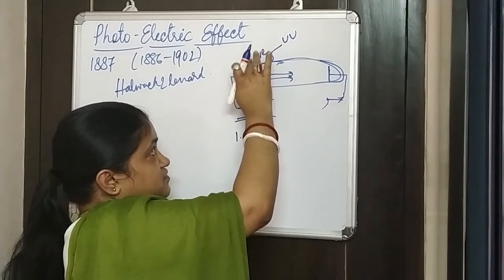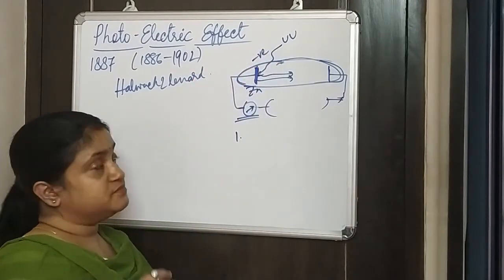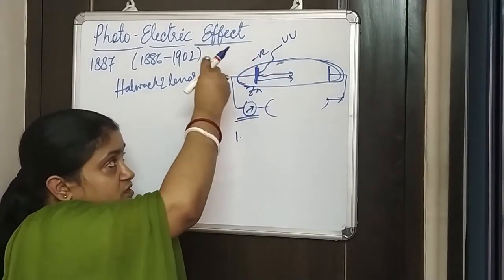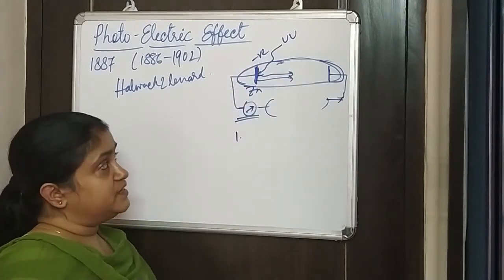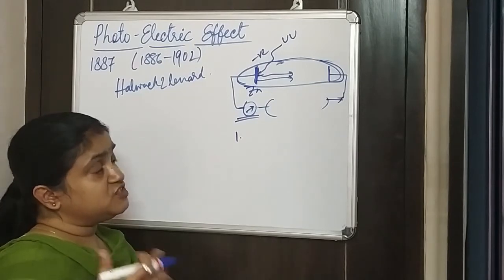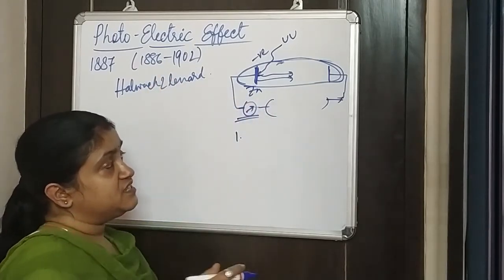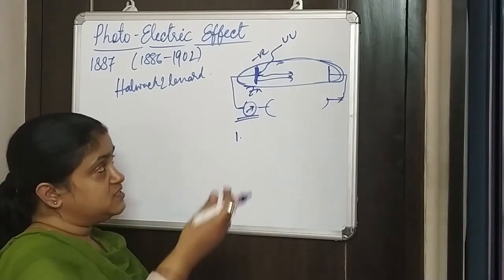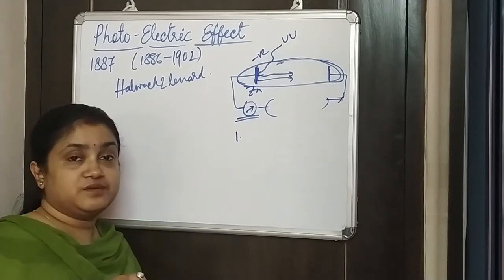Sorry, this plate was given a negative potential. So the particles would leave this plate and move towards the other plate, and as the potential was increased, we see the current increasing, meaning more particles leave this plate and go to the other plate.